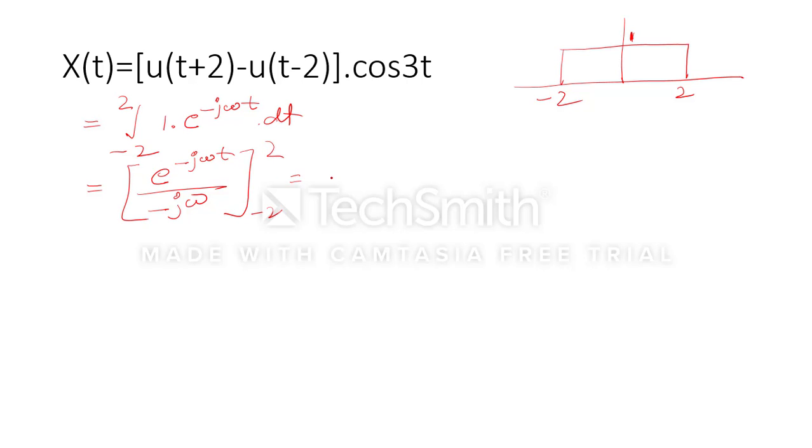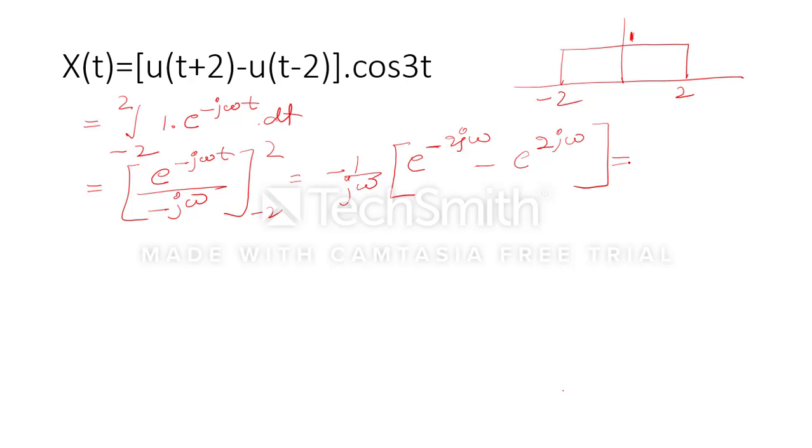So here 1/(jω) [e^(-2jω) - e^(2jω)]. When we use the formula, we know the sine formula.